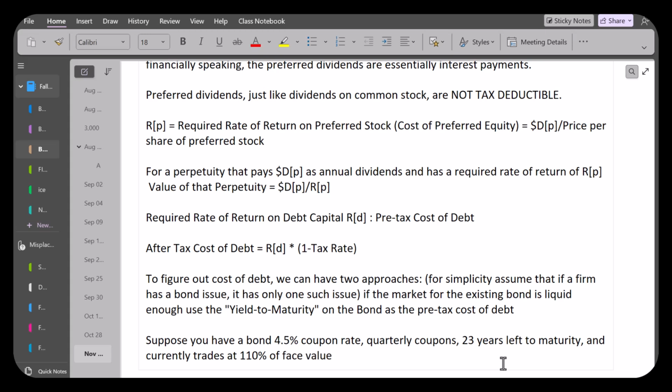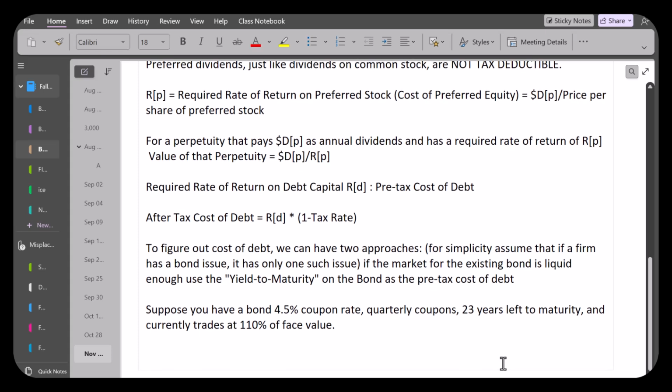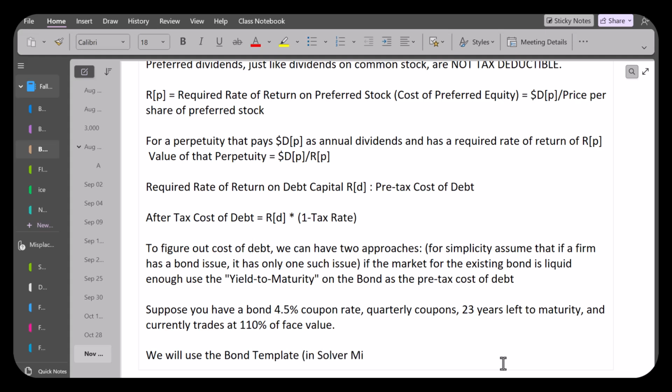For this, we will use the bond template in solver mode, i.e. green light, and use yield to maturity as your unknown.